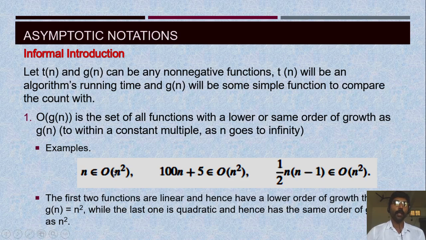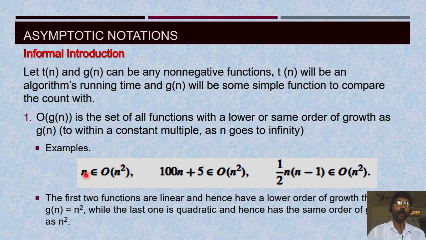Here some examples are given. n belongs to O of n square. Here n means t of n, that is our algorithm's time, and n square is g of n, that is, we are comparing an algorithm of n square with our algorithm.